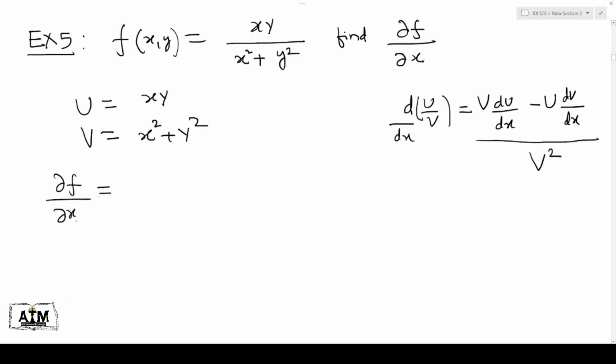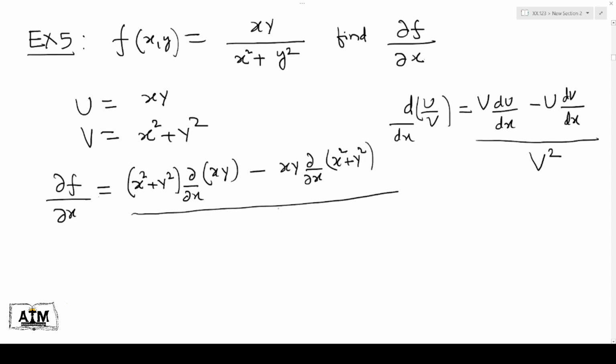So dou f by dou x equals v, nothing but x square plus y square, multiplied by partial derivative of xy with respect to x, minus u, that is xy as it is, multiplied by partial derivative of v, that is x square plus y square with respect to x, divided by v square, that is x square plus y square whole square.